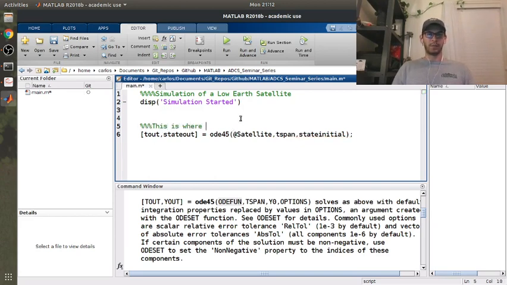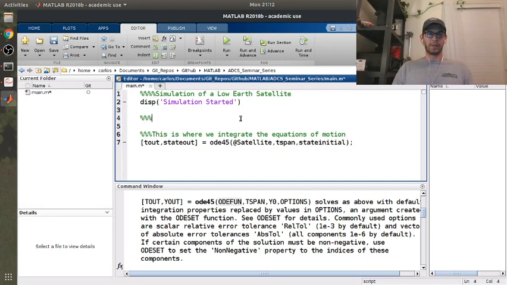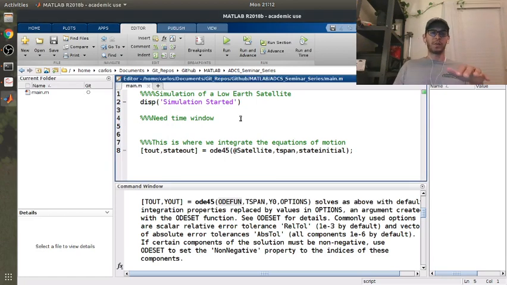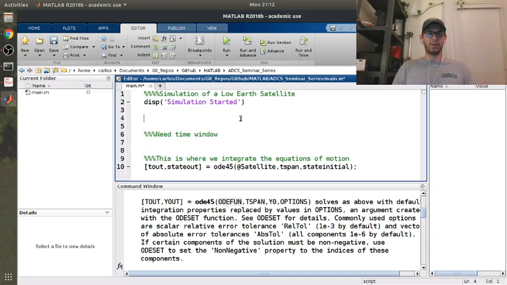This is where we integrate the equations of motion. We need a couple things. The first thing is the time window. I'm going to first put this around Earth, because I know that pretty well. Before we do the time window, I actually want to do the initial conditions.